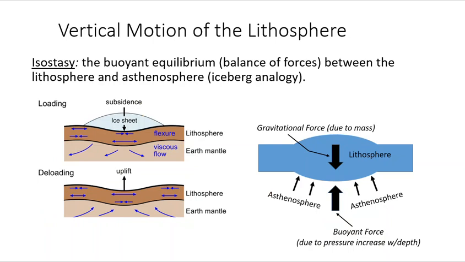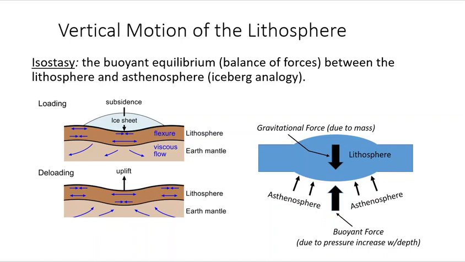Something we haven't touched on yet in the course, and it's very important when we start considering continental mountain building, is how the lithosphere moves vertically rather than horizontally. So up until now in the course, we've talked about how the lithosphere slides around horizontally atop a more mobile asthenosphere.